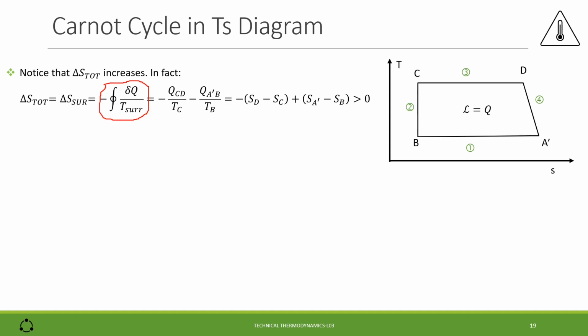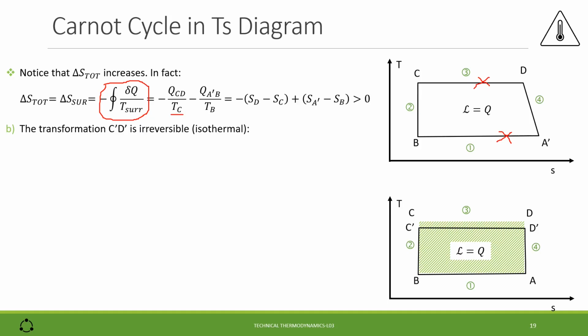Also, negative Q over the transformation CD over the temperature in C, because the temperature is constant, minus the heat over the transformation A'B over the temperature in B, equals negative entropy in D minus entropy in C plus the difference of the entropies of the points A' and B. And this is positive, confirming the Clausius statement of the second thermodynamic principle.